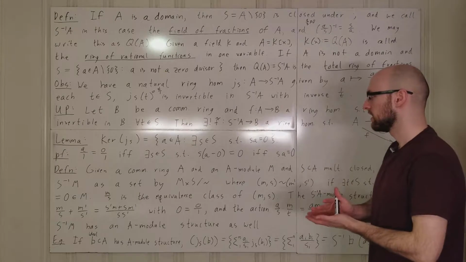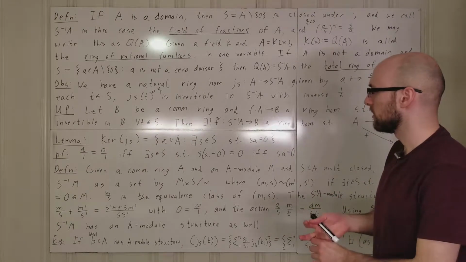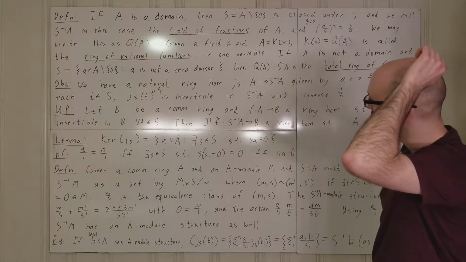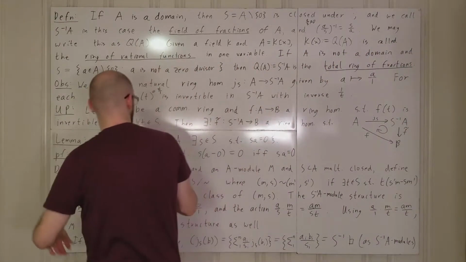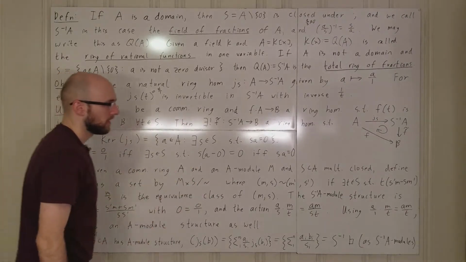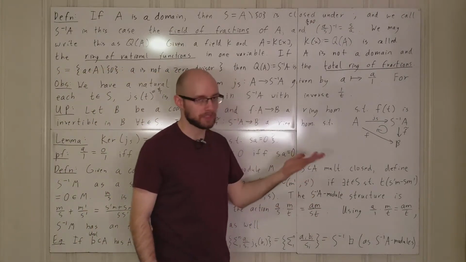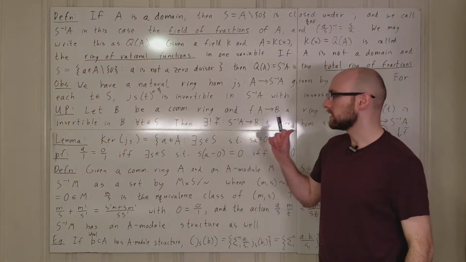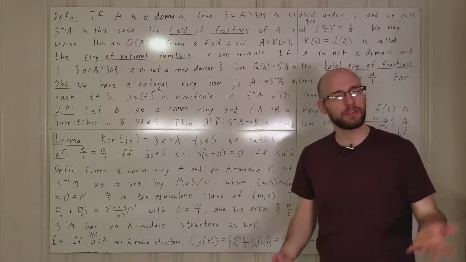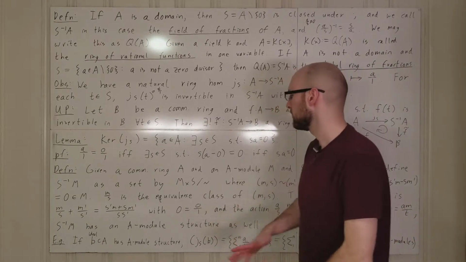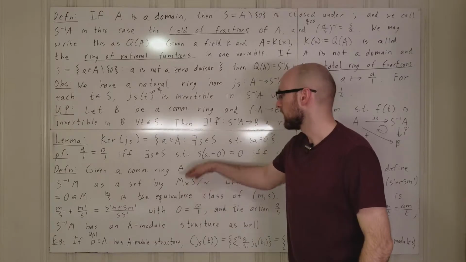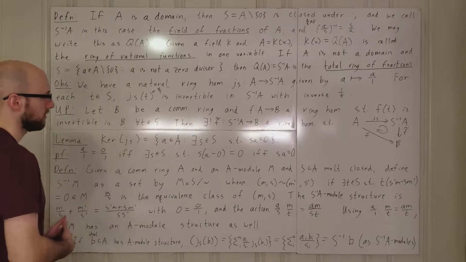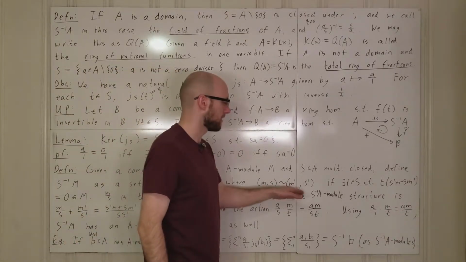Alright, so that's that. Now, for modules. If we have a commutative ring A and an A module M, and again we have a multiplicatively closed set S, then we can define S inverse M. We construct it very similarly, but instead of doing A times S, we do M times S. We mod out by a similar equivalence relation, (M, S) equivalent to (M prime, S prime).